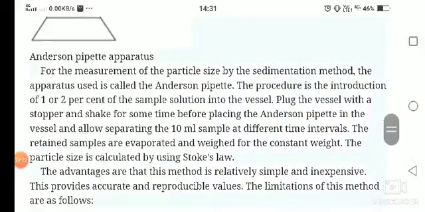The procedure is the introduction of 1 to 2% of the sample solution into the vessel. Plug the vessel with a stopper and shake for some time before placing the Andreasen pipette in the vessel and allow separating the 10 ml sample at different time intervals. The retained samples are evaporated and weighed to a constant weight. The particle size is calculated by using Stokes law.